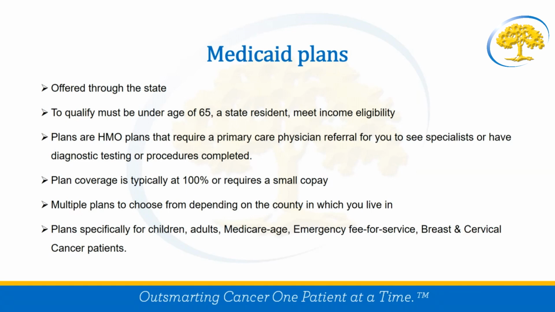Plan coverage is typically 100% coverage. You're covered for everything, and if not, then you're paying $5 or $10 copays, so very minimal. There are multiple plans to choose from, just like everything else, and it's based on whatever county you're in, but you need to make sure that your doctors are in those plans. So for instance, let me give you our breast surgeon, Dr. Hernandez.